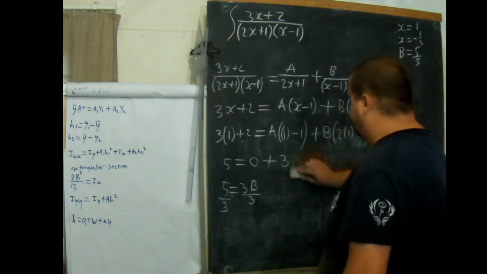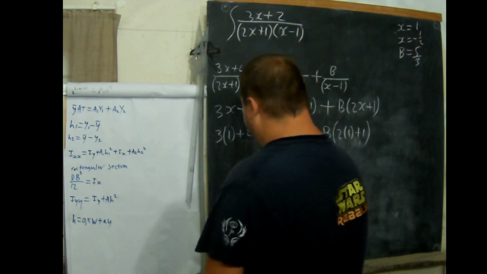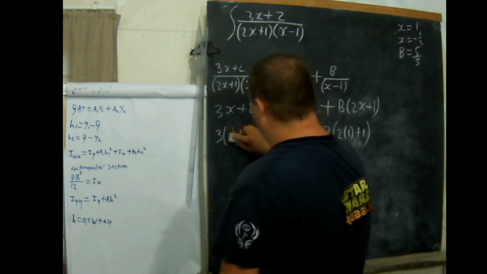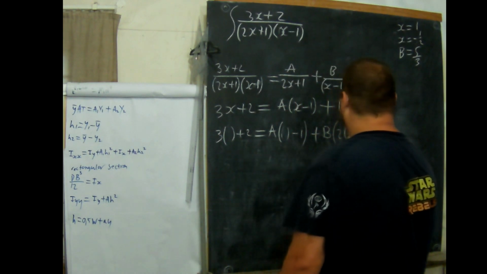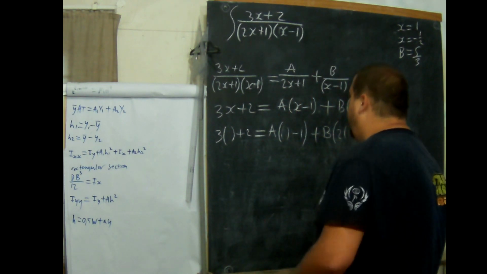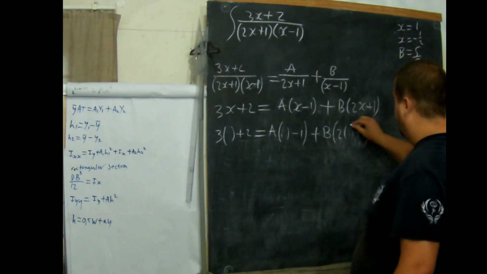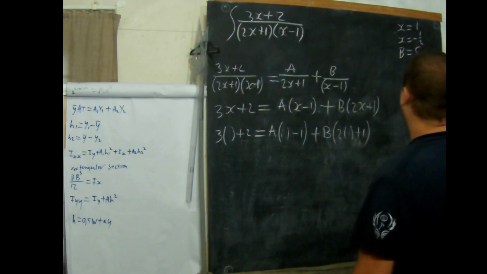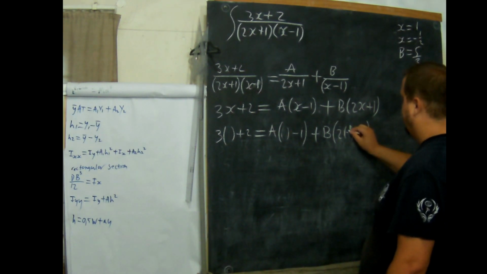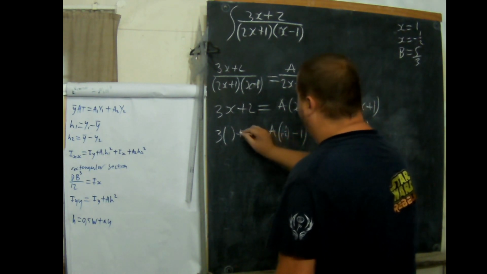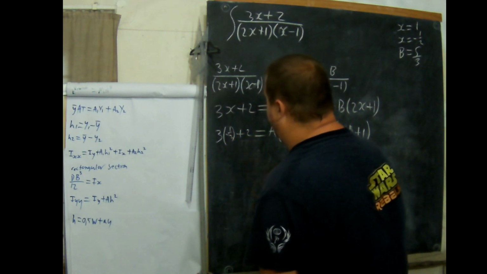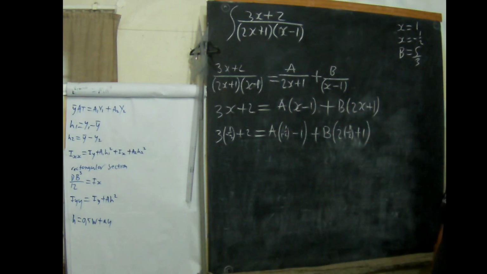Now what we do is we do exactly the same now for A. For A, we put minus a half, and minus a half into here.